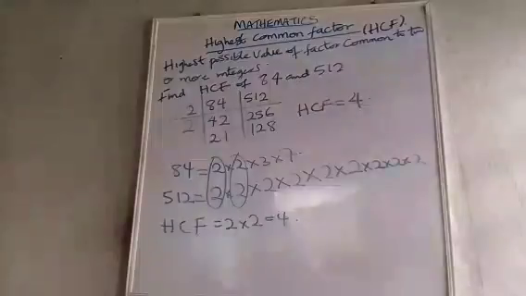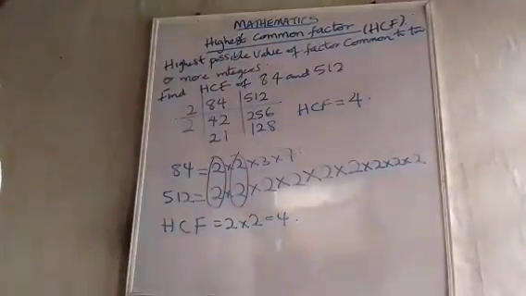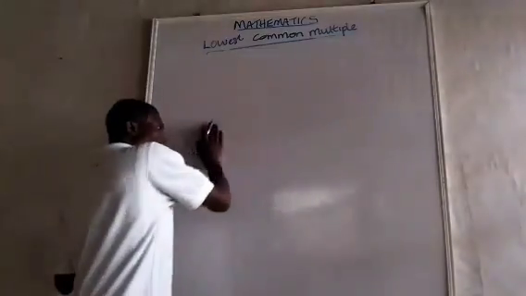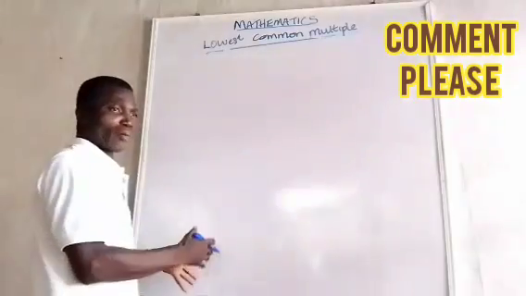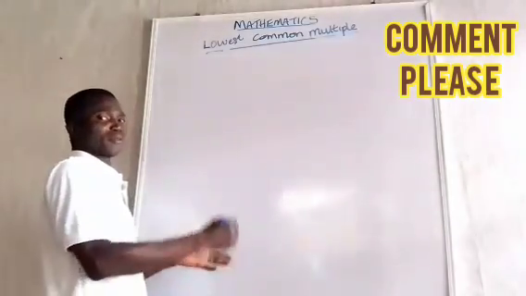Now, let's look at the lowest common multiple. When we are talking about a multiple, it means a number which another number is a factor of, or which it can divide conveniently.